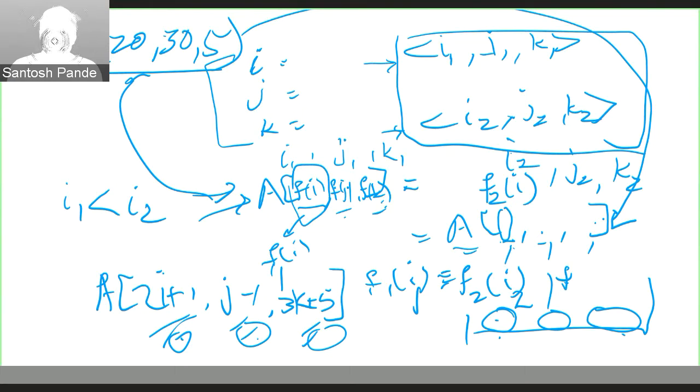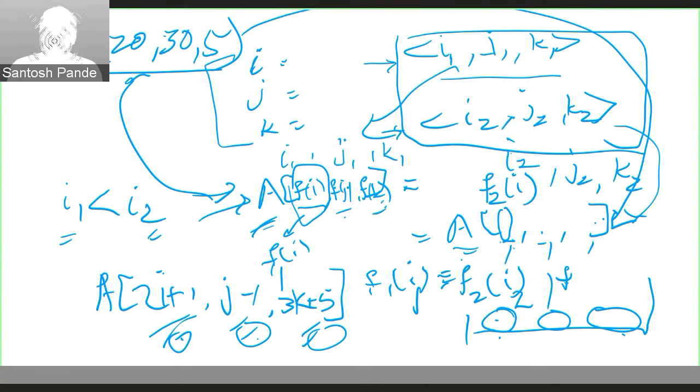What it means is that this write, which is occurring at I1, is occurring before the read, which is occurring at this. So what kind of dependence is this? Anybody? I1 is less than I2, and I1, J1, K1 is the vector which corresponds to the write, and I2, J2, K2 is the vector which corresponds to the read. And I1 is less than I2.